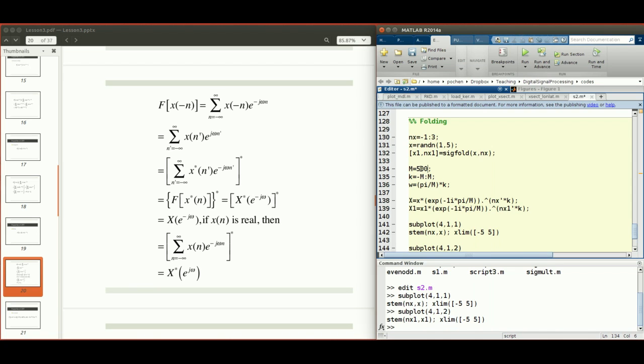So it's actually 1001 samples, I think. Because k goes from minus big M to big M, and then W equals pi divided by big M times k. So when k equals minus big M, W equals minus pi, and when k equals big M, W equals positive pi. So the frequency actually goes from minus pi to pi.